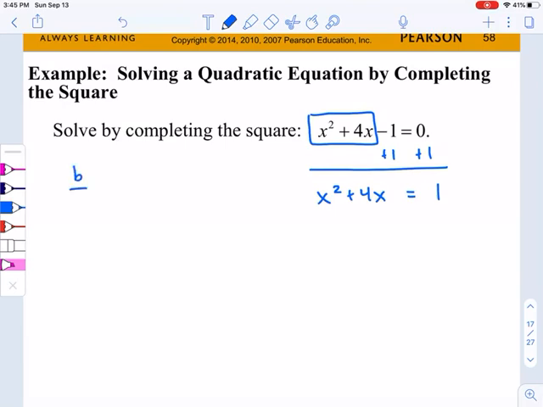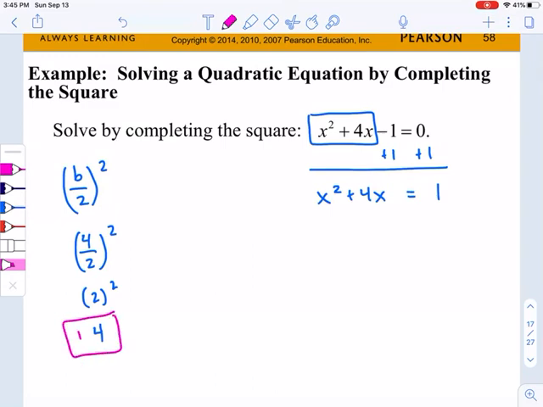Now they tell me to take the b value, divide by 2, and square it. My b value is 4. If I divide that by 2 and I square that, 4 divided by 2 is 2, and 2 squared gives us 4. If I add 4 right here, I can turn this trinomial into a binomial that would be squared.